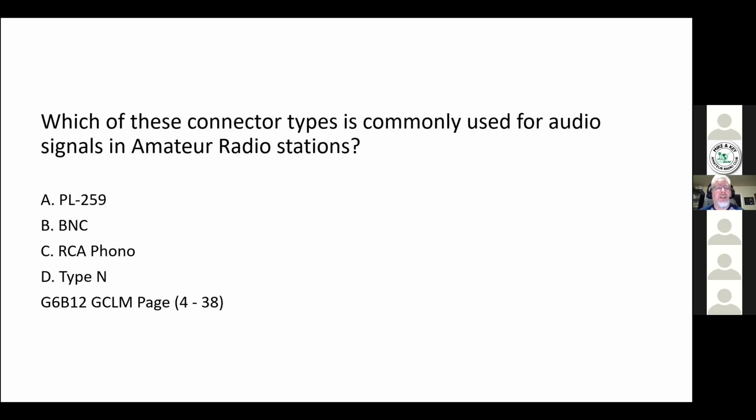Which of these connector types is commonly used for audio signals in amateur radio stations? A, PL259, B, a BNC, C, an RCA phono, or D, a type N? Charlie is correct, an RCA phono plug.